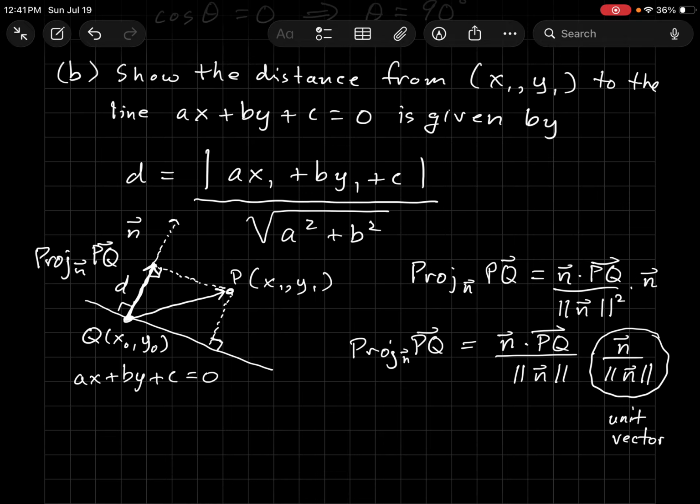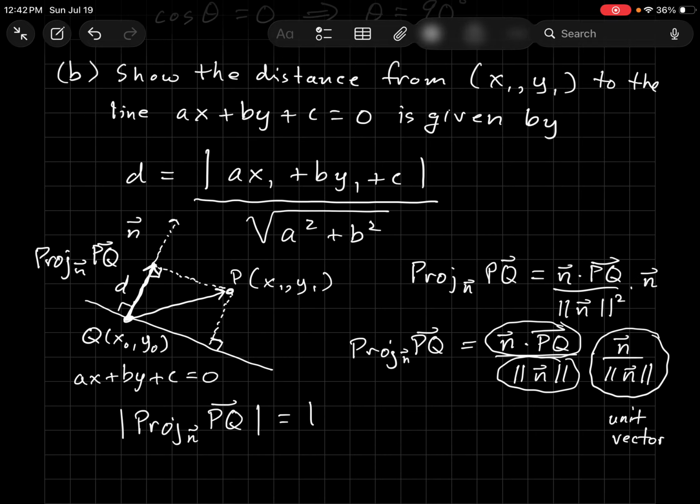So if I want to find the magnitude, how big the projection of PQ onto n is, I can simply take the absolute value, because I only have scalars at this point, right? A dot product is a scalar, a magnitude is a scalar.